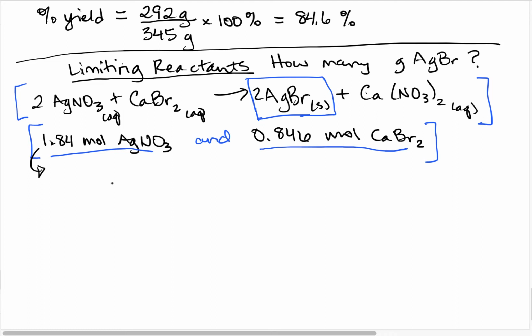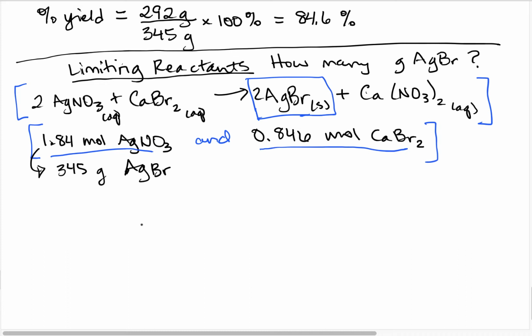In our previous example, we calculated that we could make a theoretical yield of 345 grams of silver bromide. So the question is, can we make 345 grams of silver bromide if we use up all of the calcium bromide? Or could we make more if we used up all the calcium bromide? Or could we make less if we use up all the calcium bromide?